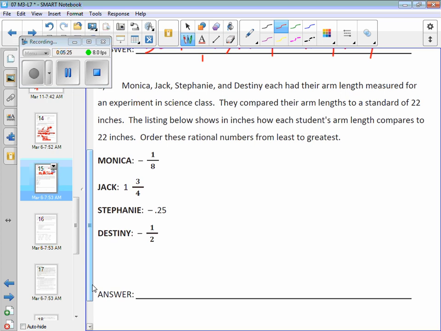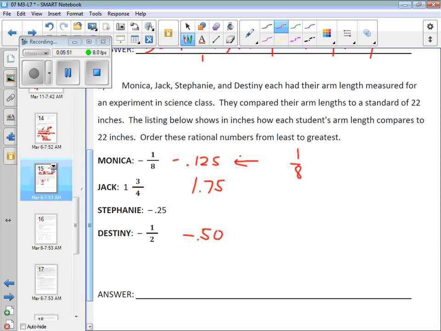And number 2. When you change these to decimals, you get negative 0.125. This becomes 1.75. This is already negative 0.25. And negative 0.50. Only one that you have to do long division with is this one.